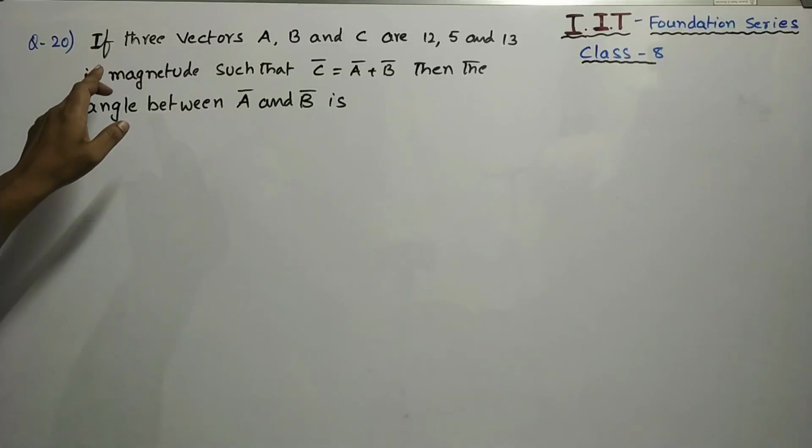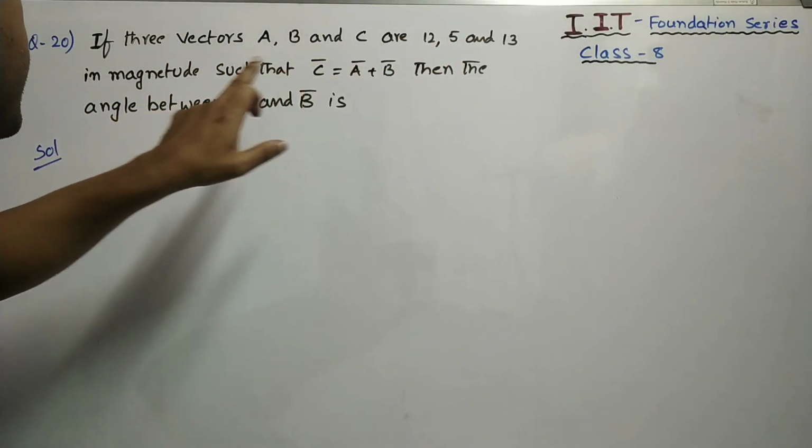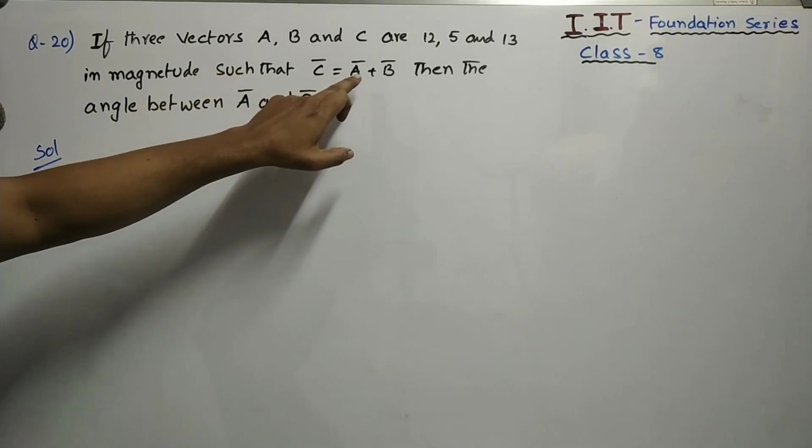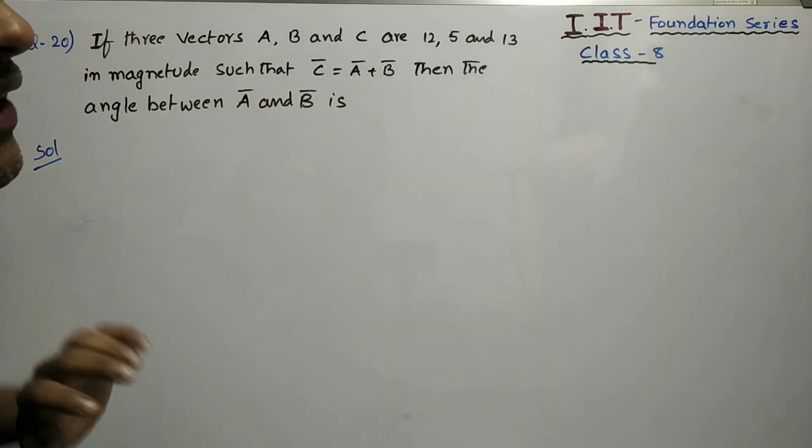The 20th question. If three vectors A, B and C are 12, 5 and 13 in magnitude such that C bar is equal to A bar plus B bar, then the angle between A vector and B vector is?